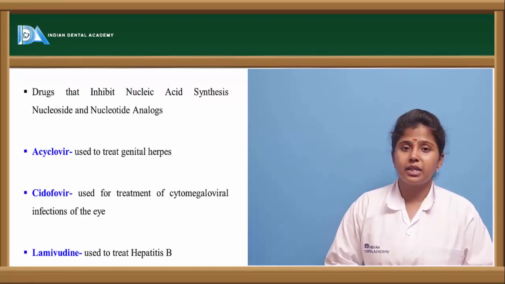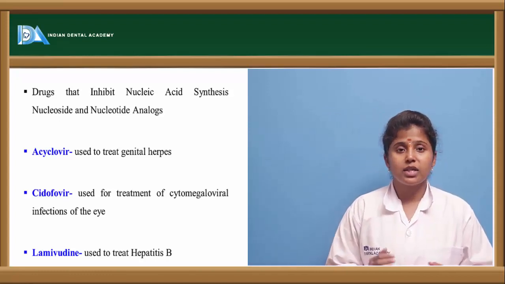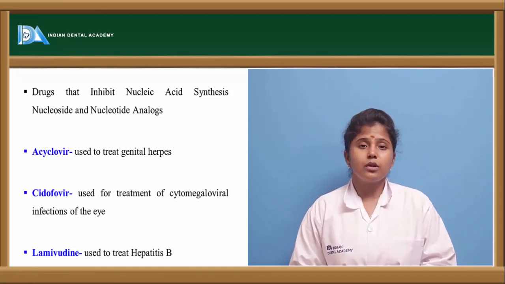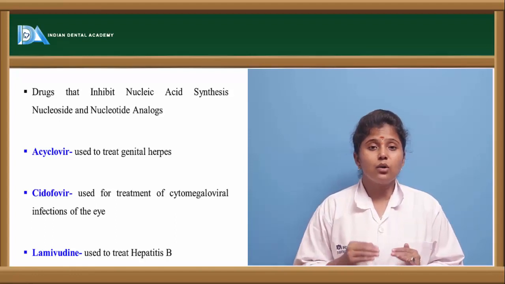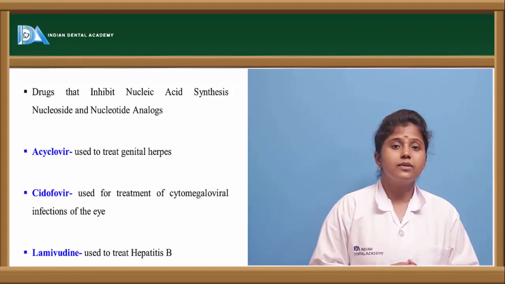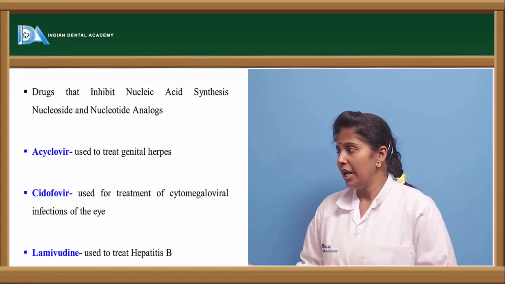These drugs inhibit nucleic acid synthesis, as nucleoside and nucleotide analogs. There are various nucleotides and nucleosides. The bases present in DNA are adenine, guanine, cytosine and thymine. Without these nucleotides, DNA synthesis cannot occur. So if nucleotide synthesis is inhibited, DNA synthesis is inhibited.